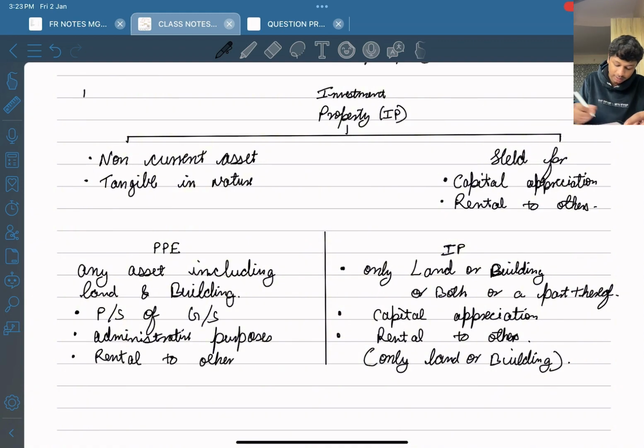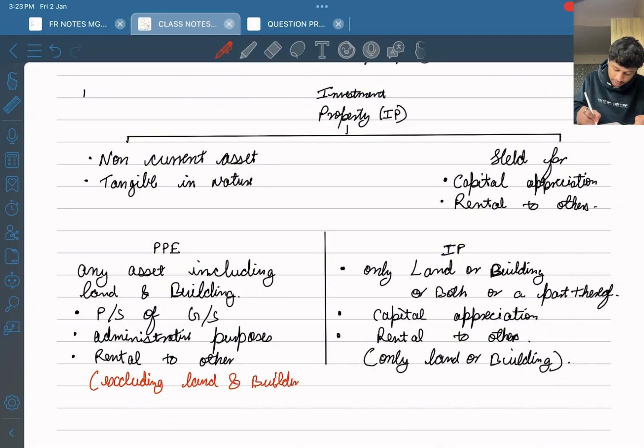Now, the thing to remember is, if we are giving rental to others in property, plant and equipment, it should not be land and building, which means if a land and building is given on rentals, then it will come under investment property.